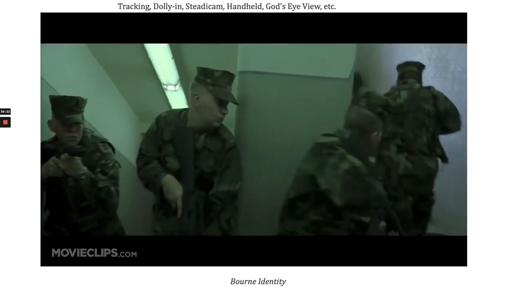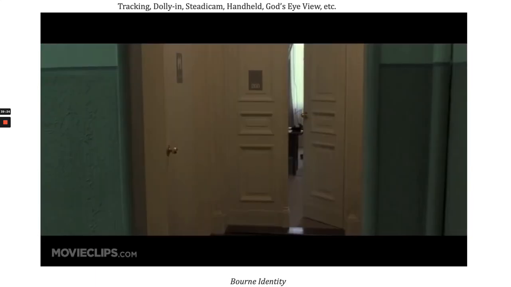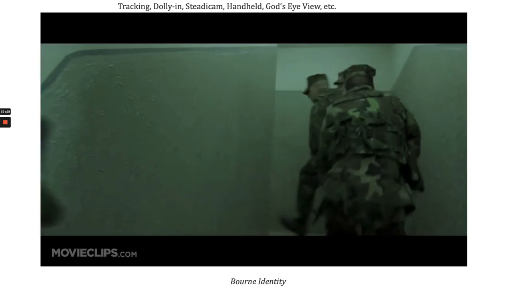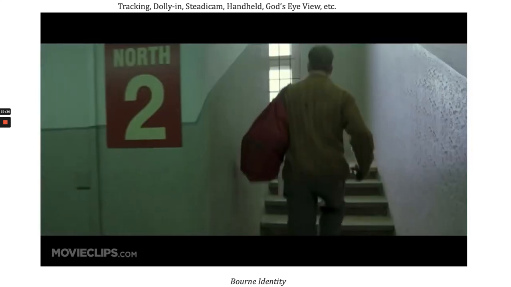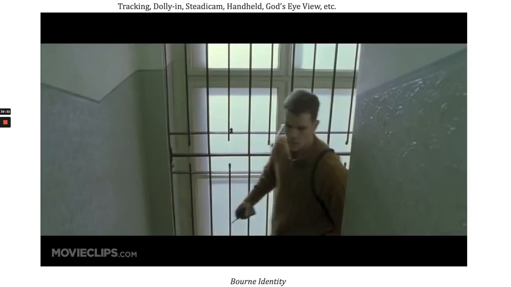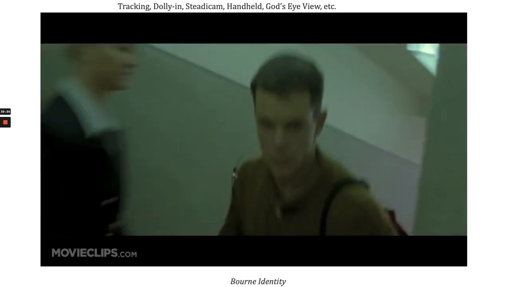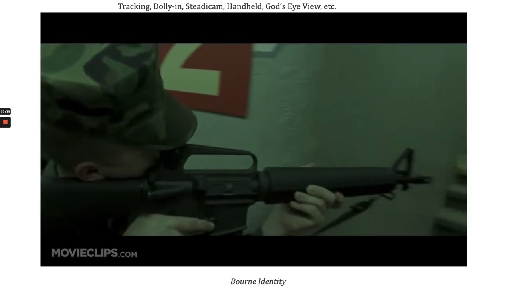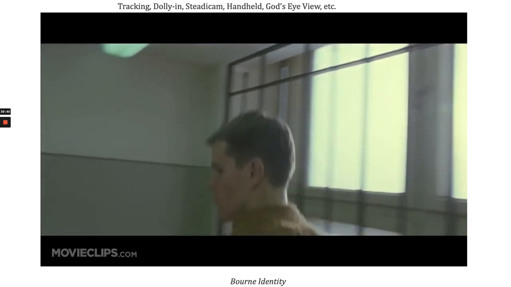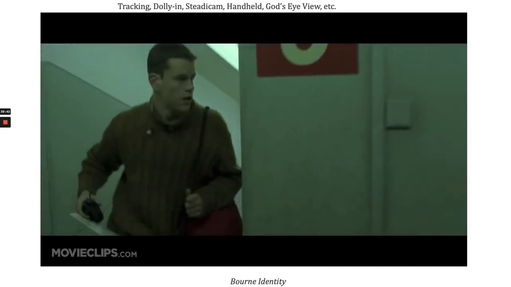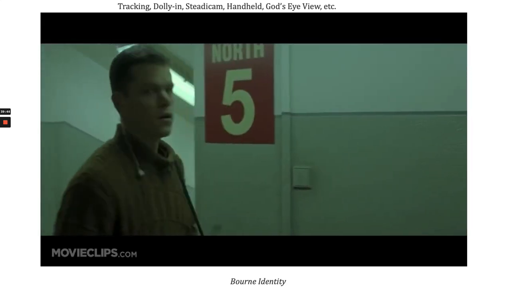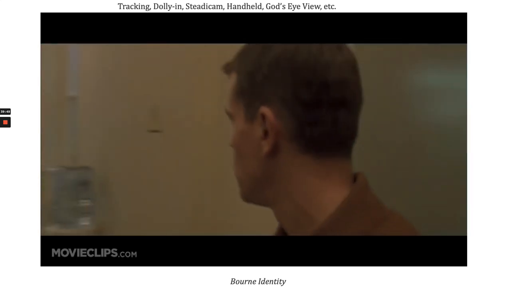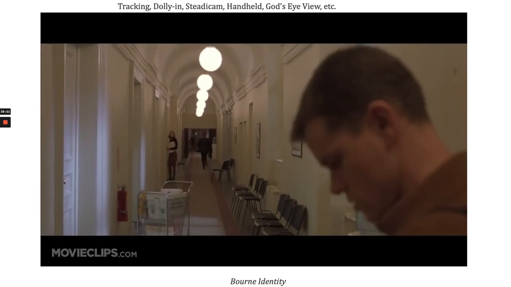All this, I just want you paying attention to these elements, right? Steadicam. Steadicam as he's walking up the stairs. Medium close-up, or a medium shot to a medium close-up.